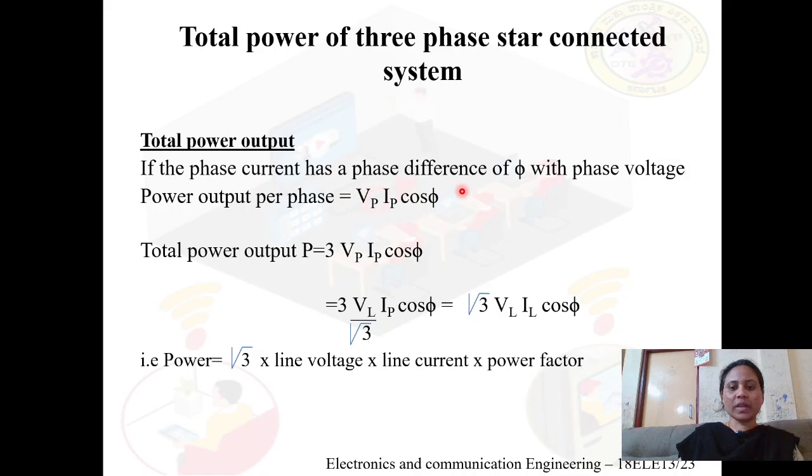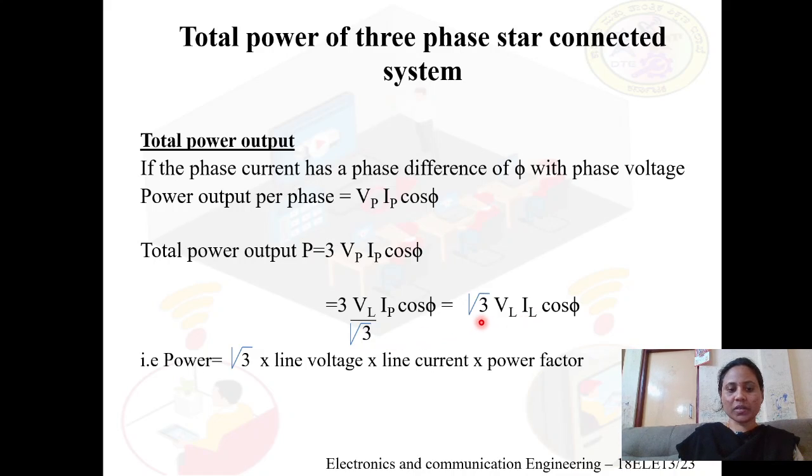When we consider the total power of all three phases, we simply multiply the power output from each phase by 3. Therefore, the total power output of the three-phase system is 3 times Vp Ip cos phi. Here we know the relationship between phase and line voltages, that is Vp is equal to VL by root 3, and Ip is equal to IL.